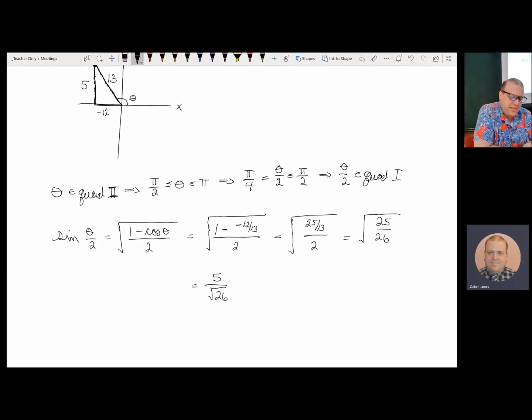Fully simplified, you should get 5 over root 26.